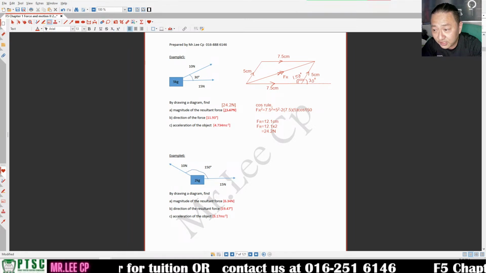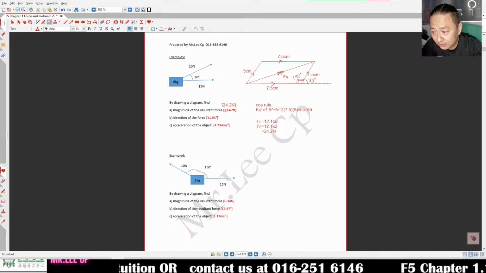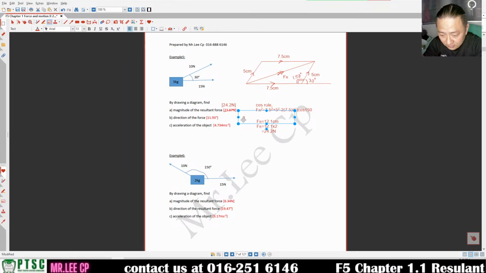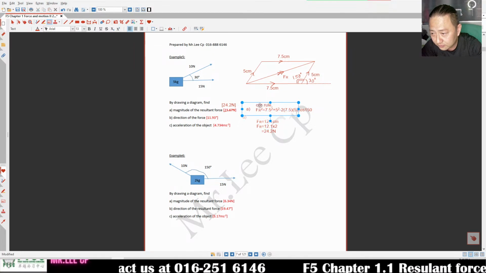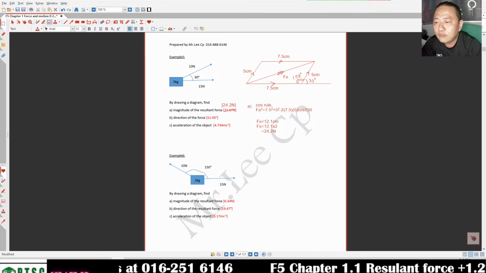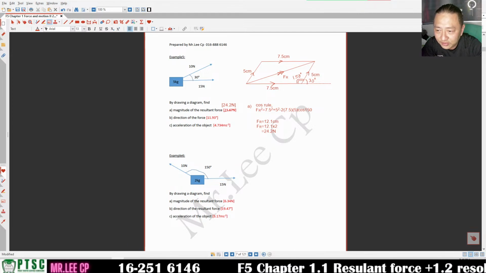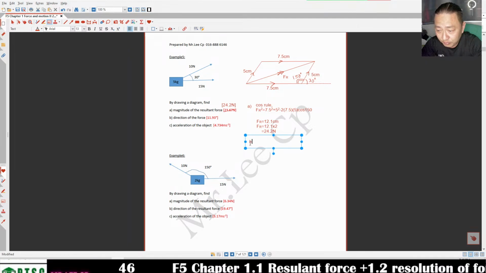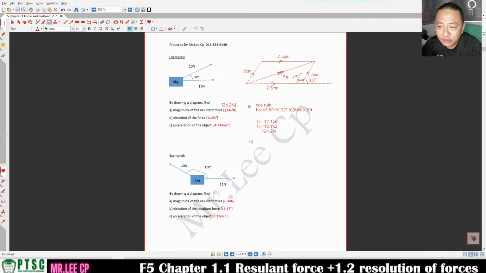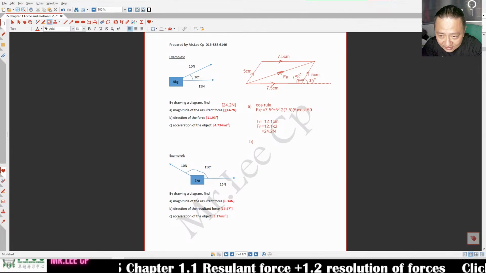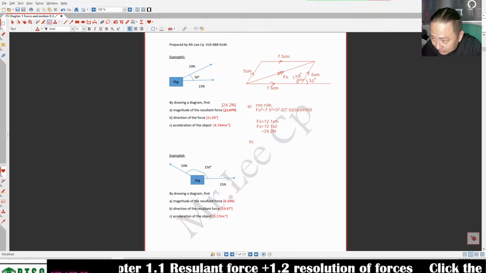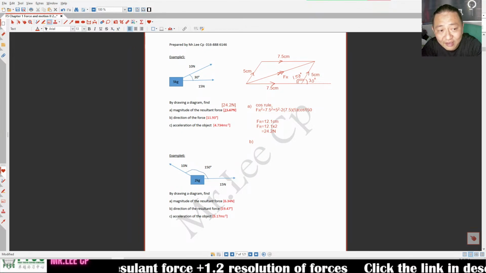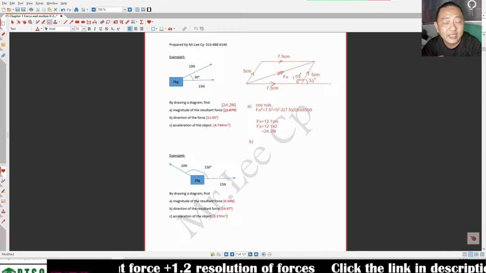If you have no question, then part A, we have done A already: find the resultant force. Now the magnitude is done, so we need to find the direction. So for B, normally we find the direction as the angle above the horizontal Fx, that horizontal angle.